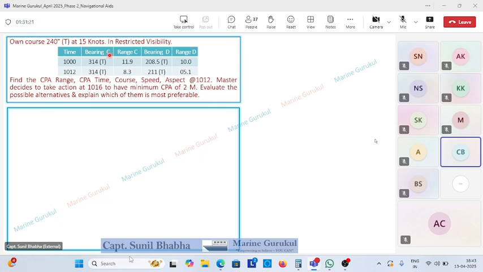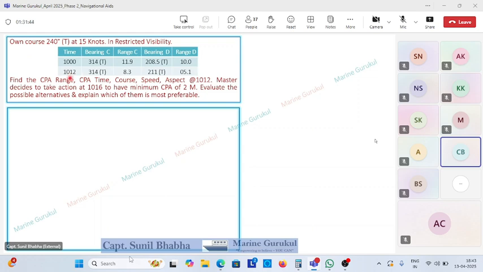First observation is made at 1000 hours. The bearing of target C, target Charlie, is 314 degrees true and the range is 11.9 miles. For target Delta, the bearing is 208.5 degrees true and the range is 10.0 miles.